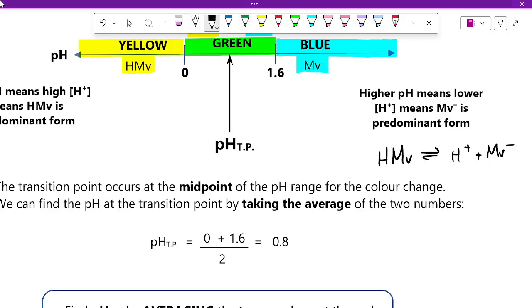And so if we have a higher pH than the transition point, that means we have a lower hydrogen concentration, which shifts it to the right, which means that MV minus is the predominant species.